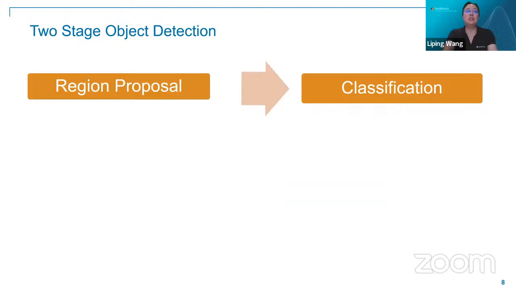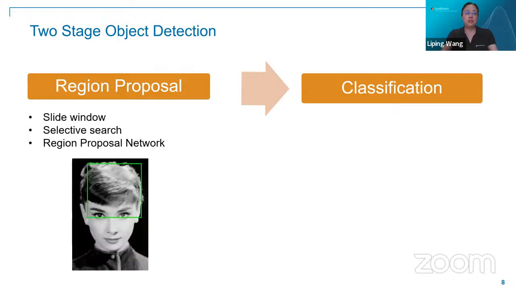That is called object detection. Usually two stages are needed in object detection algorithms. The first stage is called region proposal, where we use a method like sliding window, selective search, or a separate region proposal network to find the region of interest. Here in this GIF, you can see the method called sliding window.